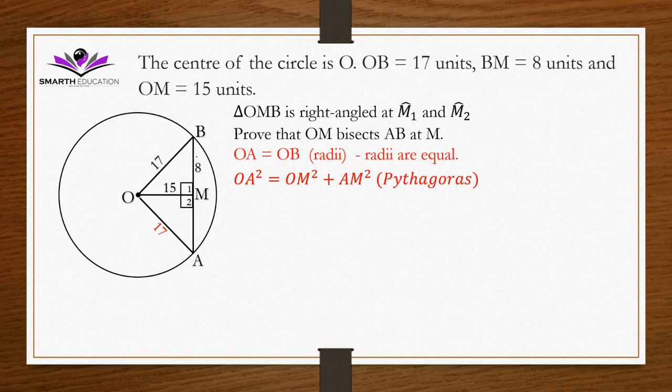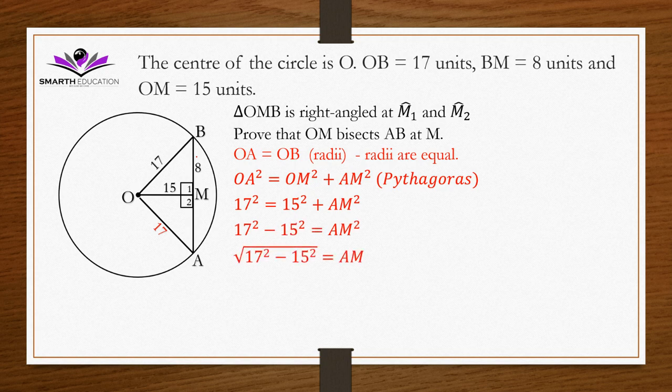And then substitute there to the Pythagoras theorem. And then we transpose 15 squared. You see that? Then square root both sides. Then get that AM is equal to 8. You see that? Okay. So now we can easily see that MB is equal to MA. So therefore, OM bisects AB. Okay. OM bisects AB at M.